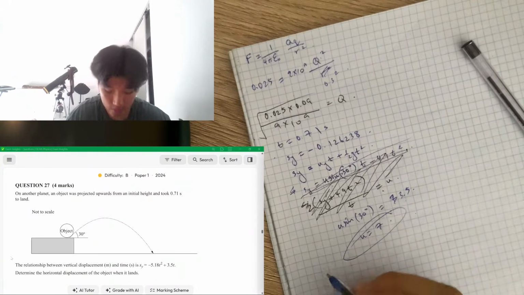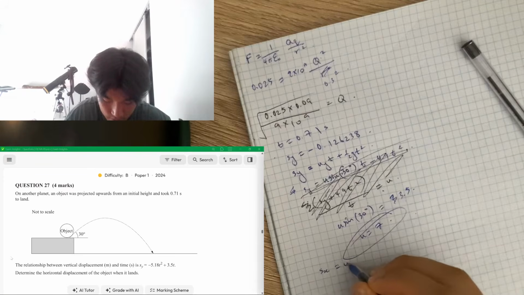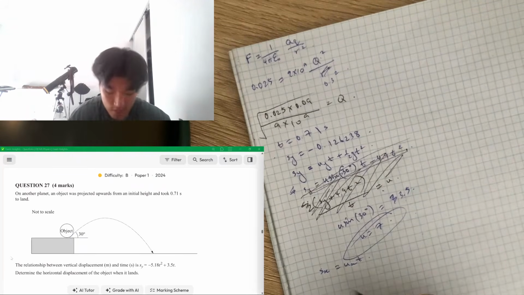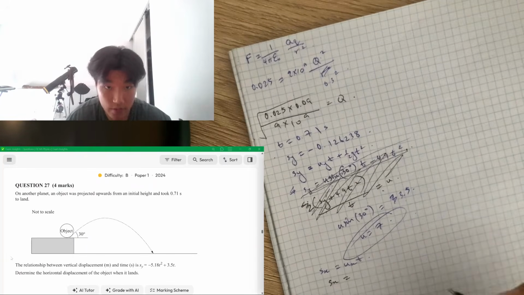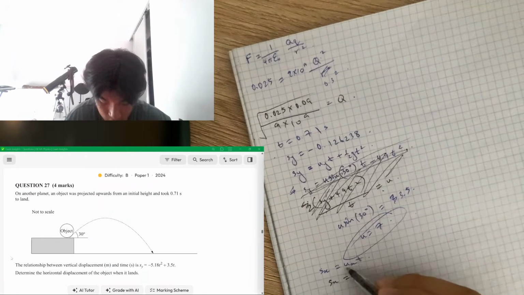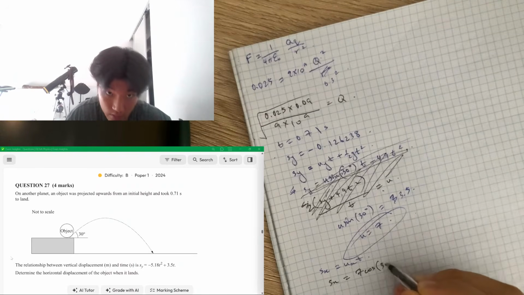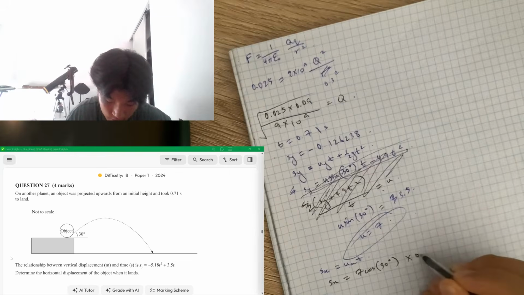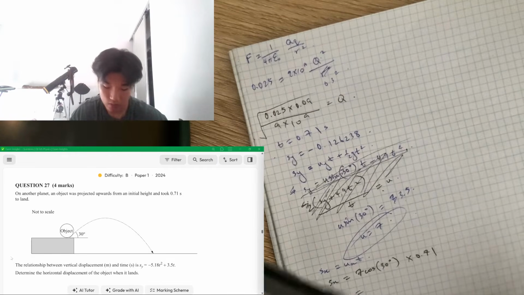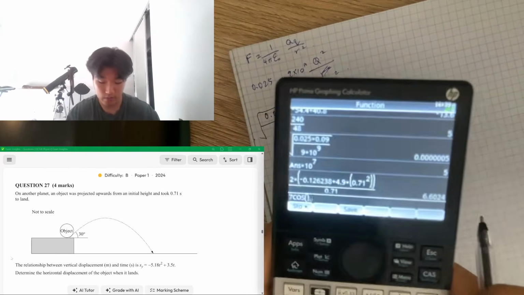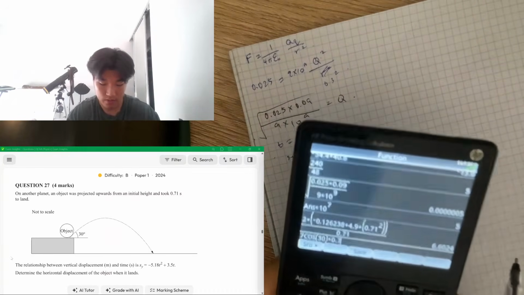Okay. So then we have the horizontal displacement. So all we do is go s of x equals u of x t. In this case, acceleration is 0. We're trying to find the s of x. So u of x is 7 cosine 30 degrees multiplied by the time.